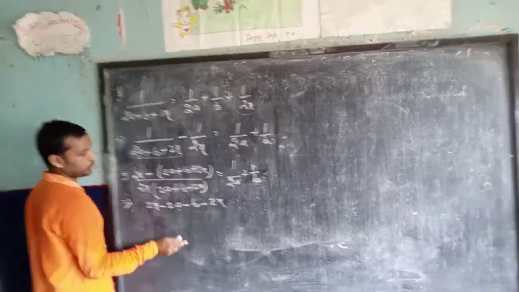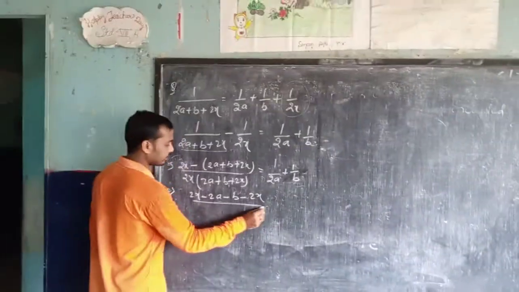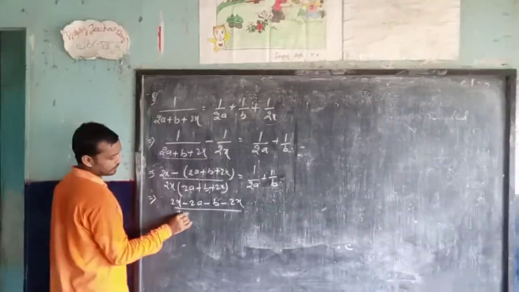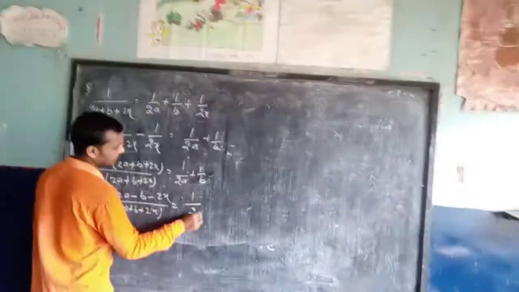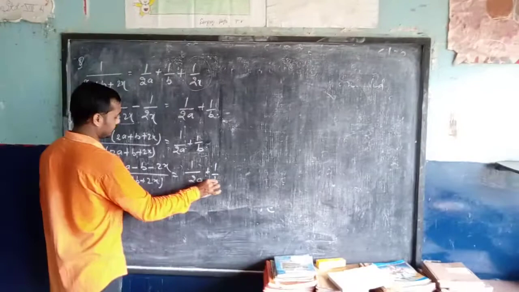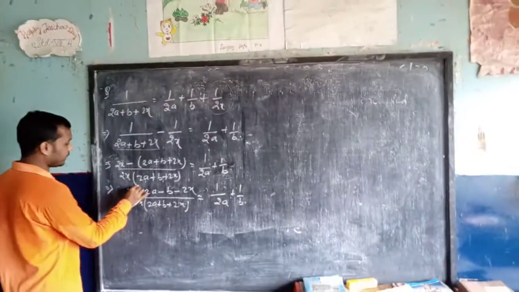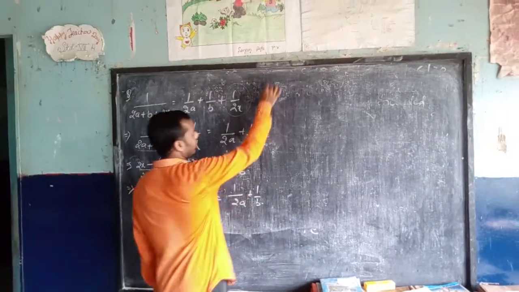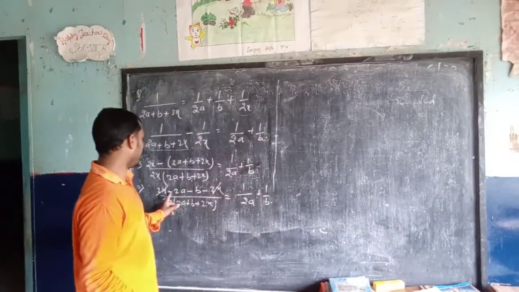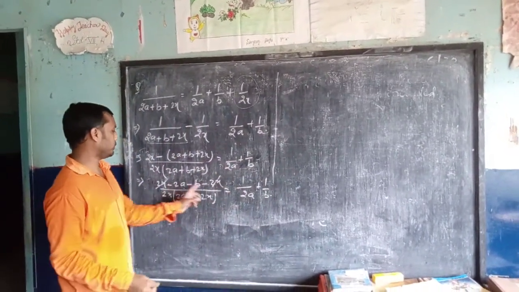Here we will have minus 2x by 2x into (2a plus b plus 2x) equal to 1 by 2a plus 1 by b. Here 2x will get cancelled out, students. Okay. Now take the minus common over here.